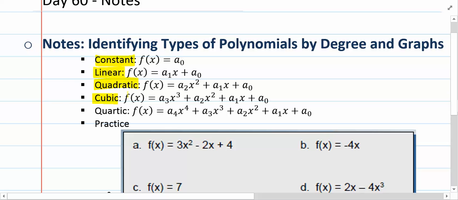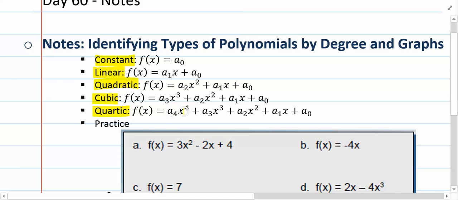A cubic polynomial is next. This time we have all of the features of a quadratic polynomial. We just add to it a term that has a power of 3. And lastly, a quartic polynomial has the same features of a quadratic, along with the features of a cubic polynomial.